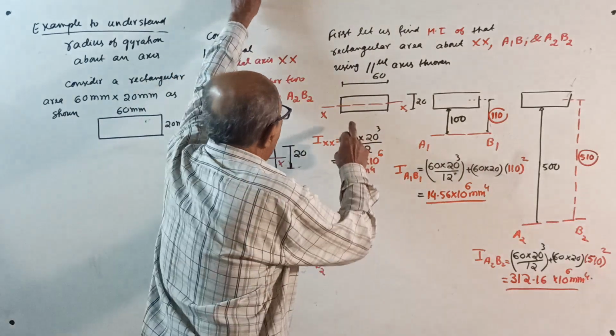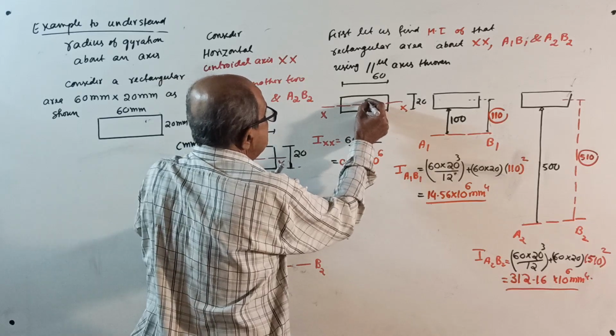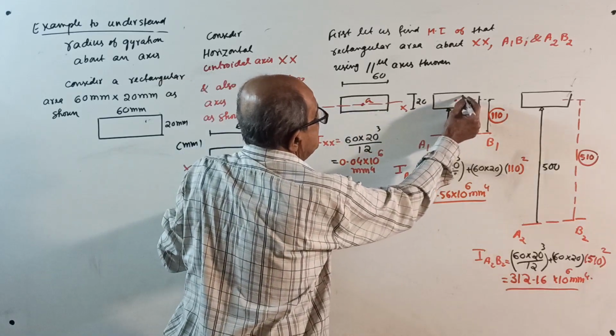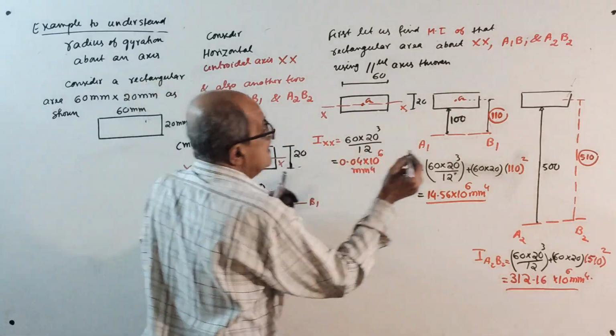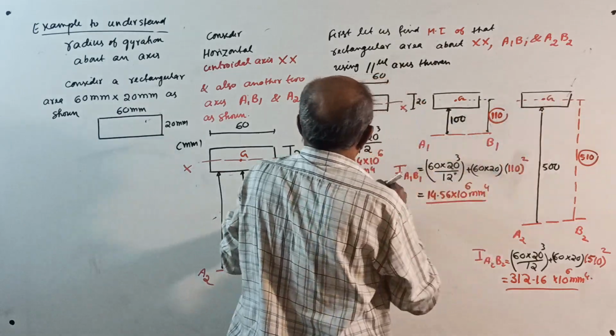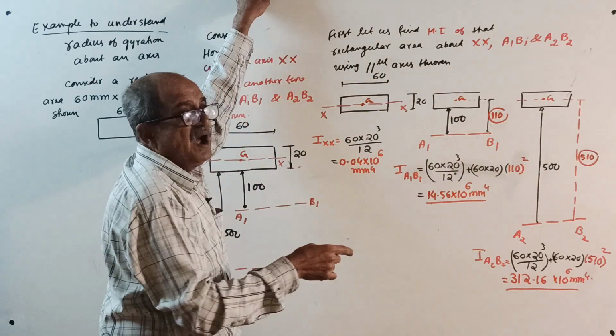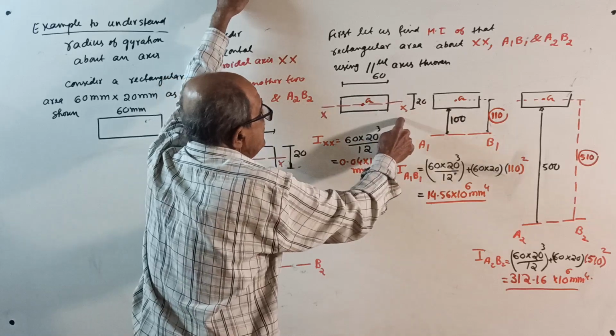Okay, start. I about the x-axis. See, centroid is here. This is centroid G. Centroid G here, here also centroid G. I about any axis equals Ig plus A H square. See, Ig here: 60 into 20 cube by 12.